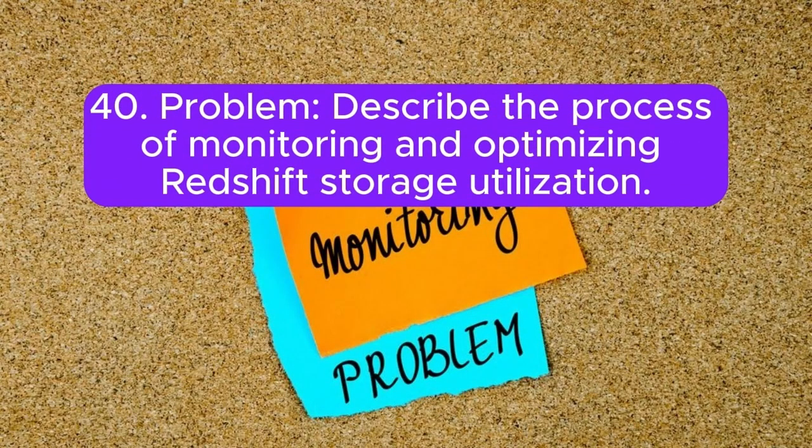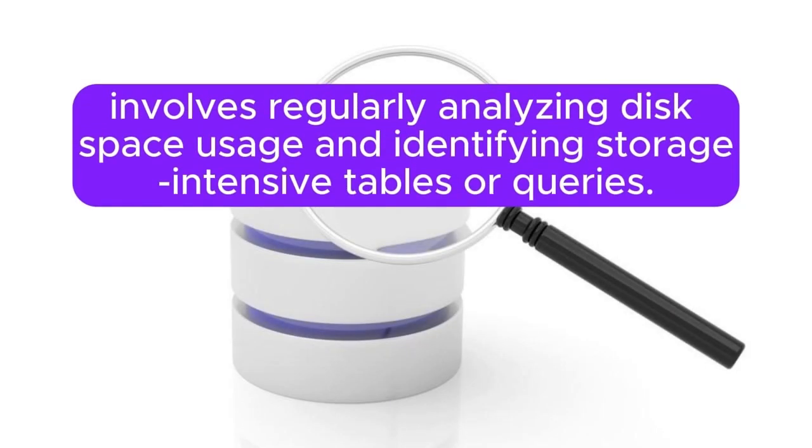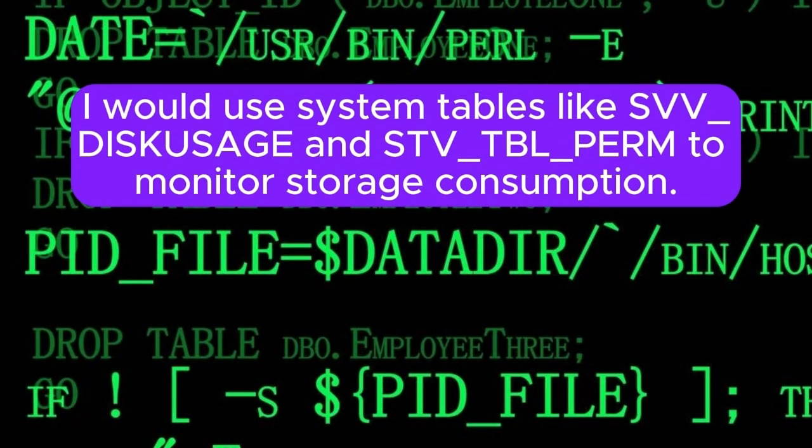40. Problem: describe the process of monitoring and optimizing Redshift storage utilization. Answer: monitoring and optimizing Redshift storage utilization involves regularly analyzing disk space usage and identifying storage-intensive tables or queries. I would use system tables like SVV_DISKUSAGE and SVV_TBL_PERM to monitor storage consumption.